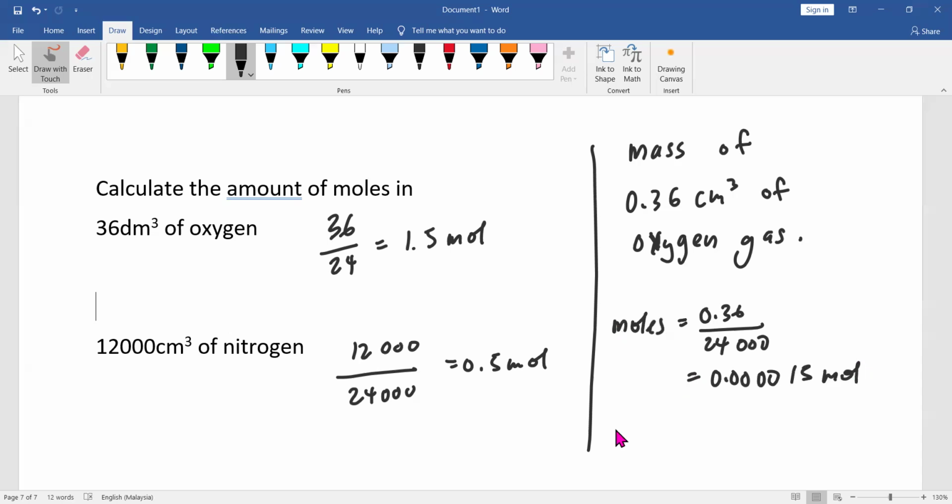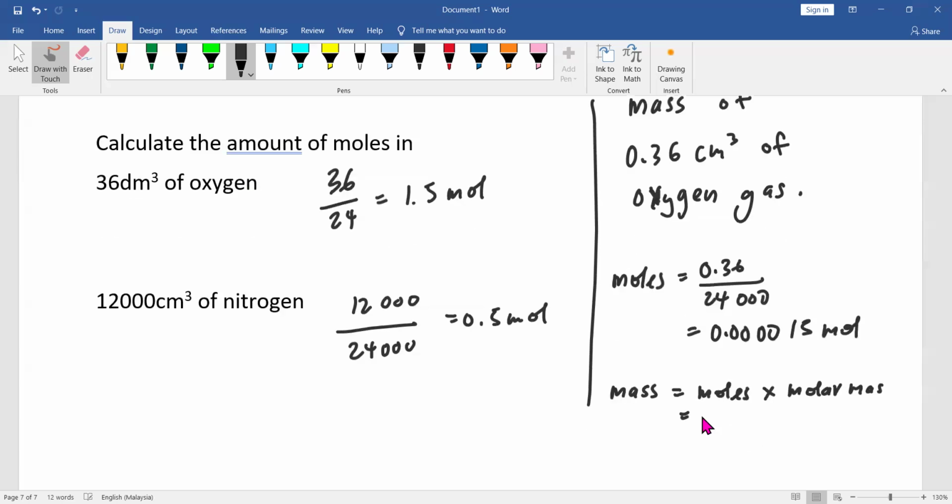So this is moles. How to find mass? Moles multiply molar mass, because if moles is mass over molar mass, then mass is just the other way around. Correct or not? So you take 0.000015 multiply how much? What is the molar mass of oxygen?